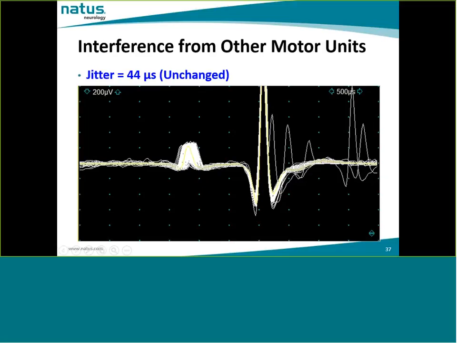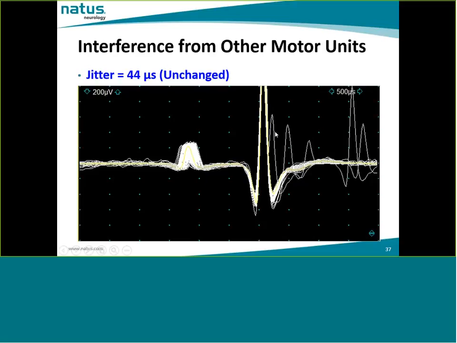I'm happy with this editing. What about these traces? They are interfering in our recording, but they are not interfering with our measurement of the interpotential interval. So although they are interfering and they don't look nice on the display, I do not remove them.